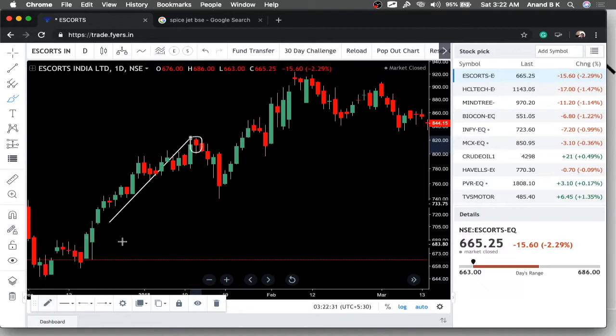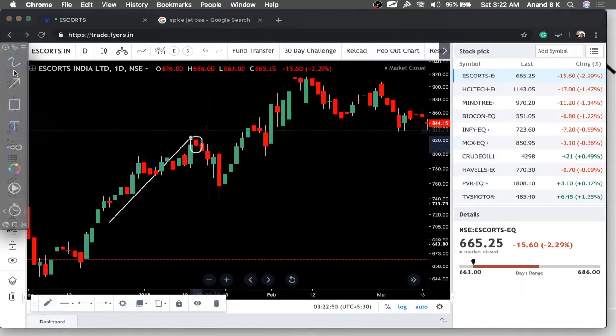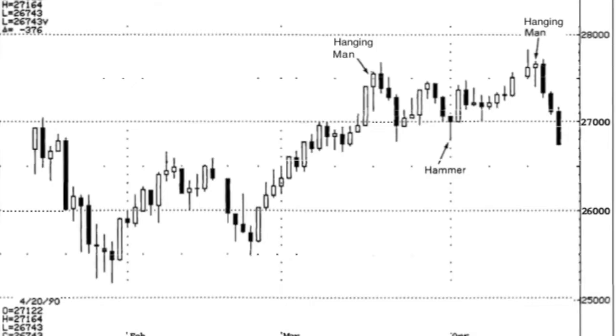It becomes evident, so I can easily use a pointer like this. Okay, so this obviously becomes a point of concern which you can easily refer to right over here. What happens in this kind of a situation is that it is known as a top reversal pattern and it is called the hanging man. The name hanging man itself is derived from the fact that it looks like a hanging man with dangling legs. All right.